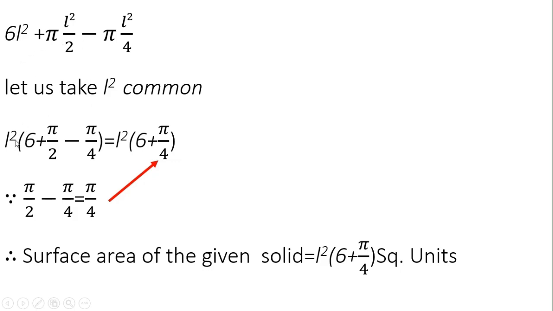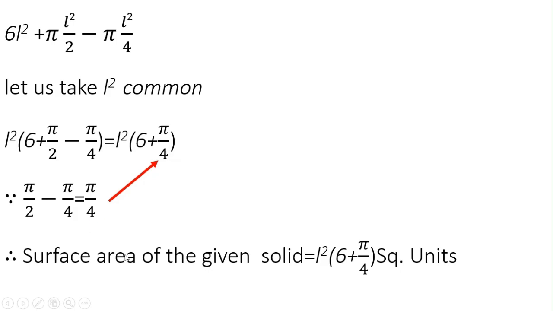So when we take L square as common, what did we get? 6 plus pi by 2 minus pi by 4. So pi by 2 minus pi by 4 means pi by 4. I have shown that simplification also. Finally, what does it become? L square into 6 plus pi by 4.